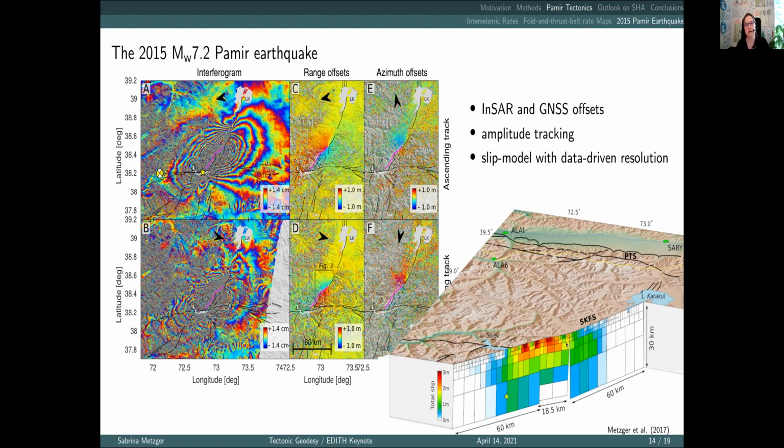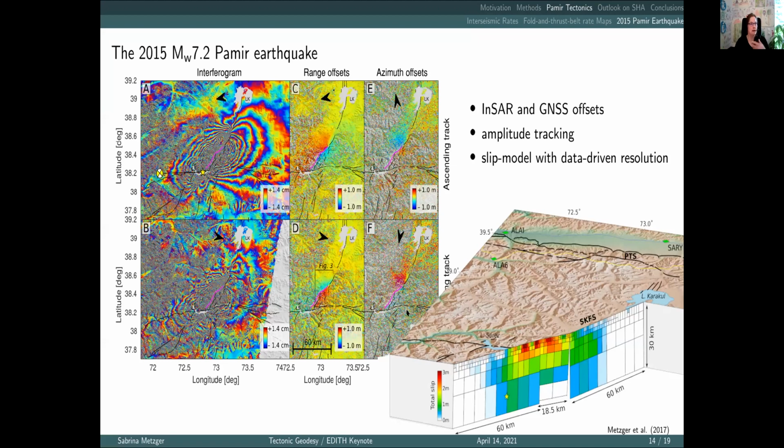We then also went to the field to cross-check or to get some ground truth of our observations. And because the area is so hard to access, our field team only could make it to this region here, where we expected slip of around 1 meter. And this is what we found.